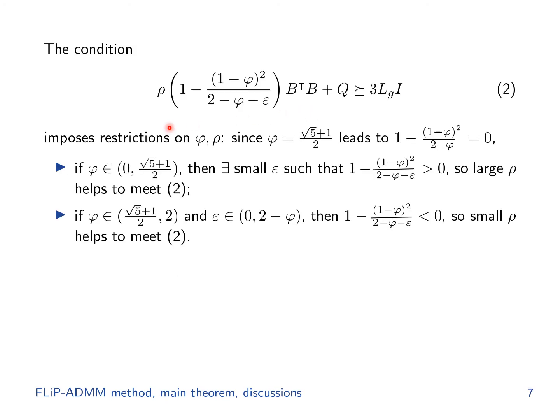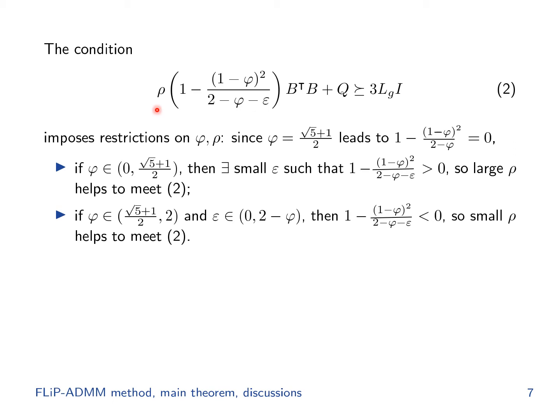Let's look at this last inequality constraint in the theorem. It imposes restrictions on phi and rho. If we set the scalar phi to (square root of 5 plus 1) over 2, which is the golden ratio, then this term equals 0. And from this, it's easy to deduce that if phi is between 0 and the golden ratio strictly, then there exists a small positive epsilon such that this term, which is inside the parentheses, is positive.